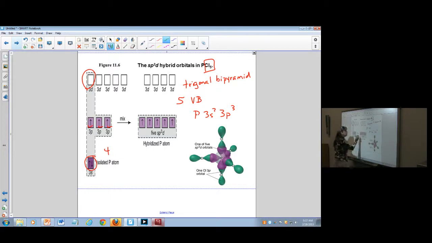And so I'm going to take 1 s, 3 p's, and 1 d to form sp3d. As you'll see here, that gives you 5 atomic orbitals, 5 sp3d hybridized orbitals.